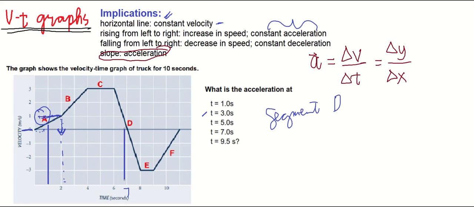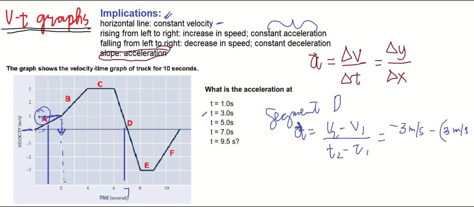So with that, we solve the acceleration, V2 minus V1, that's an arrow on top of a because acceleration is a vector. V2 minus V1 over T2 minus T1. We substitute the end of segment D. We have negative 3 minus, for the beginning of segment D, 3 meter per second.